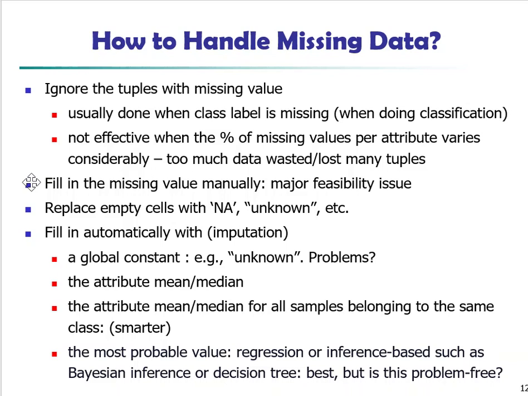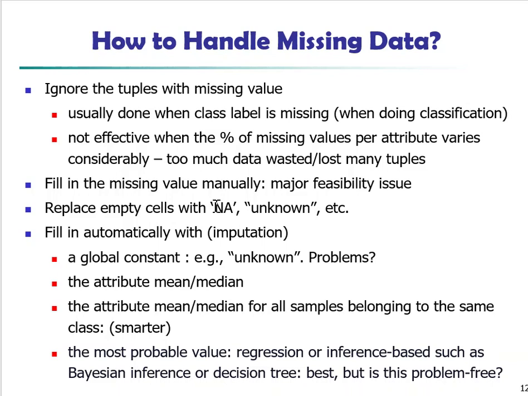The second possible way is to fill in the missing value manually. This would be the ideal, probably the best solution. You go back, find the missing value and fill in those blanks. However, you encounter major feasibility issues: how much human labor will you need to perform that task? You can also replace empty cells with NA unknown, like R does conveniently, and we already discussed the problem in earlier slides, that we just mix those together.